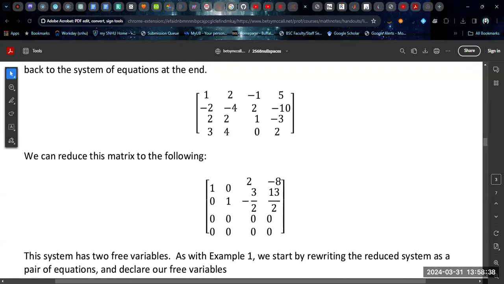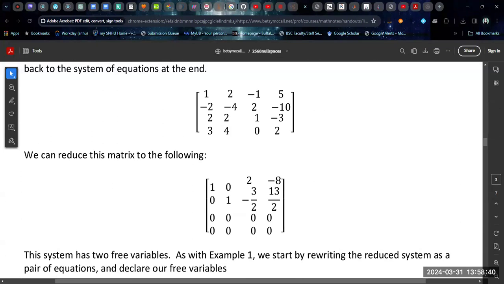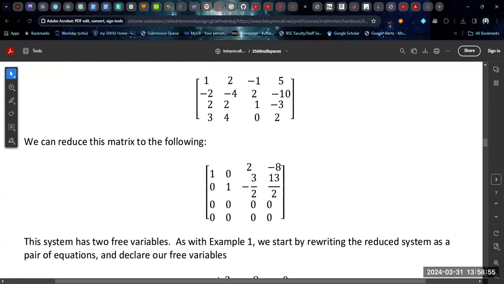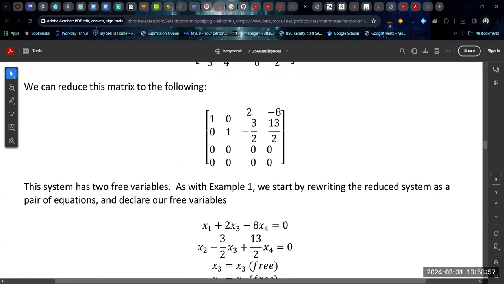For a problem like this, that's just one extra step. And I get this matrix. I have 2 rows of zeros since I had a 4x4 matrix to start with. And I have 2 columns that don't have pivots in them. So I have 2 free variables in this case.